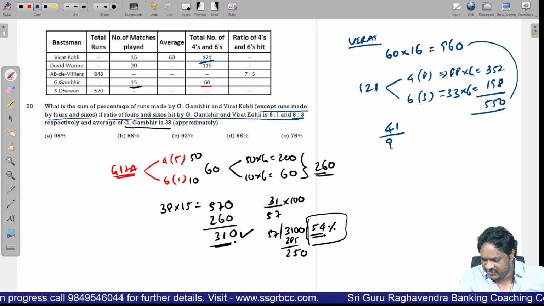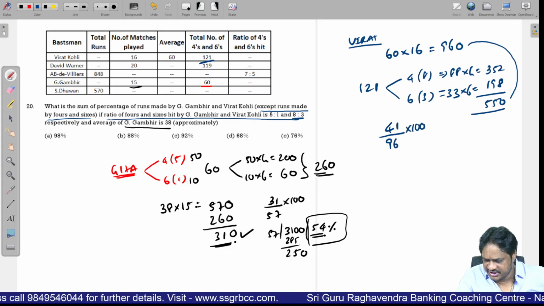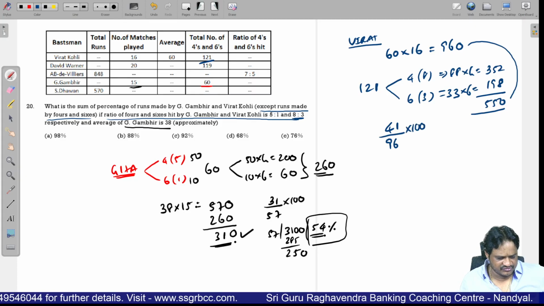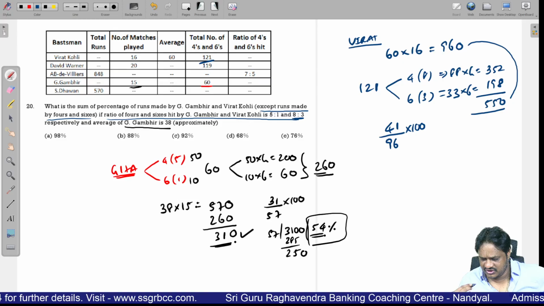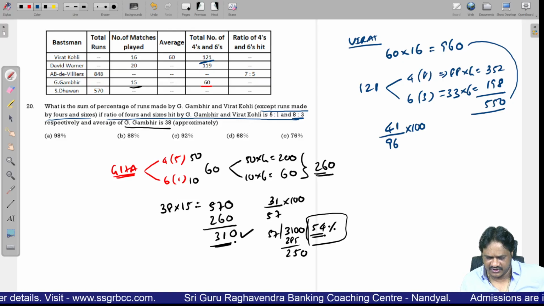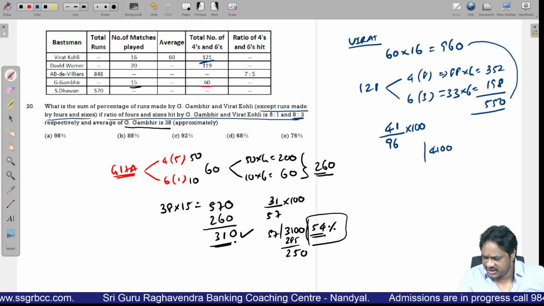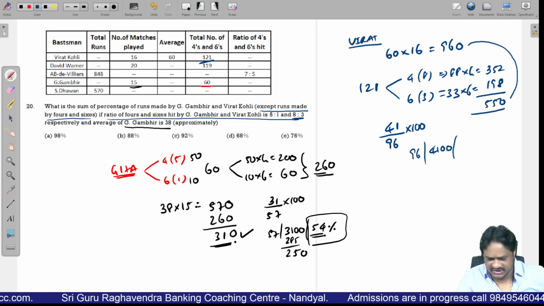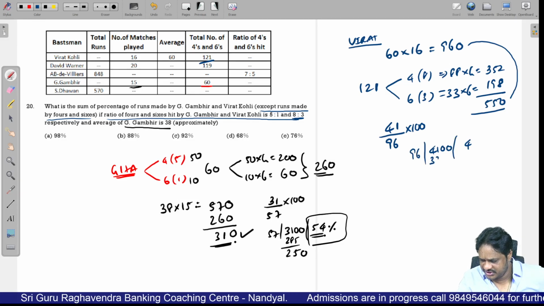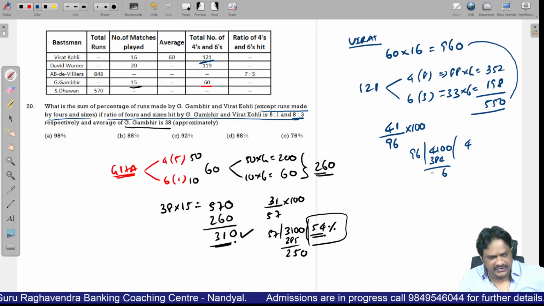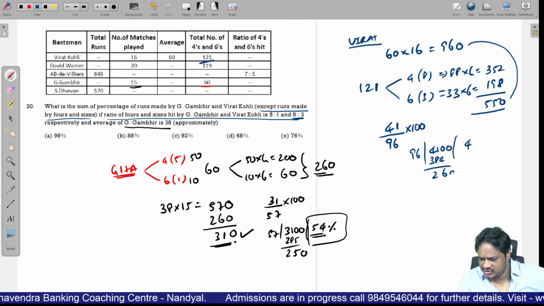Or you can take 41 by 96 into 100. So 41 by 96 into 100, we will get approximately 4100. I am dividing with 96. 96 fours, 384. 10 minus 4, 6, 260.